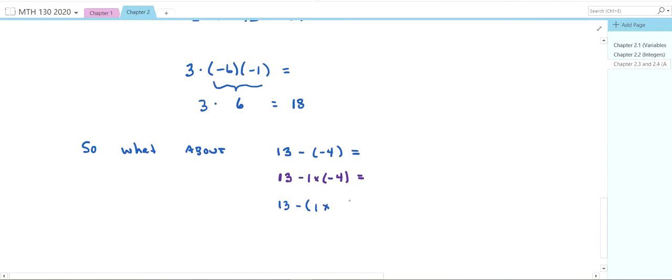Actually, this would make more sense if I write it like this: 13 plus a minus 1 times a minus 4. So it's 13 plus, minus times a minus is a positive, so 1 times 4 is 4. So positive 4, equals 17.